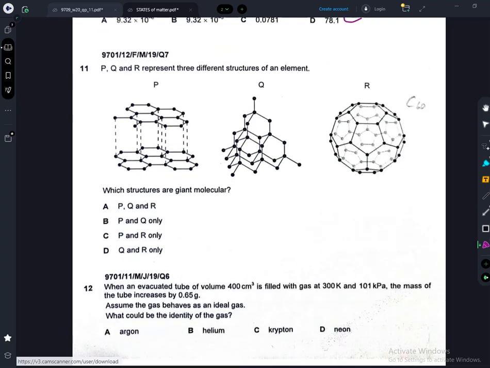Question number 11. P, Q, and R represent three different structures of an element. What is R? You must have seen this in your O levels IGCSE. This is Buckminsterfullerene, C60. 60 carbon atoms arranged in pentagons and hexagons with no free electrons.